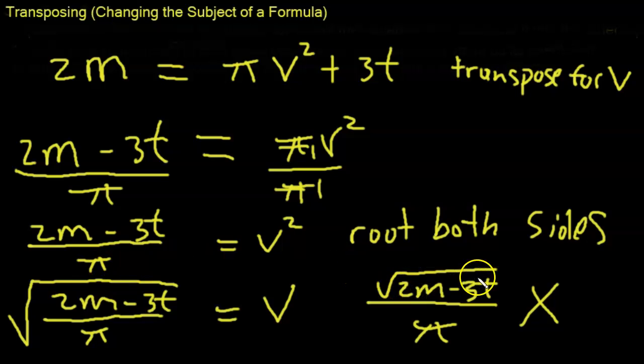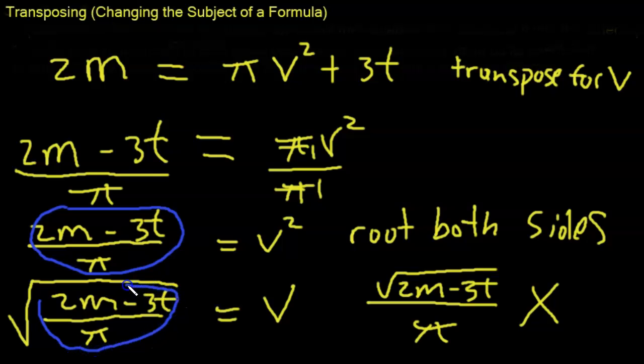Not just the 2m minus 3t, but the square root of every single thing here. All of that composite there. So v is the square root of all of this. Some people normally just carelessly put the square root over the numerator alone, but it's really over everything. Alright?